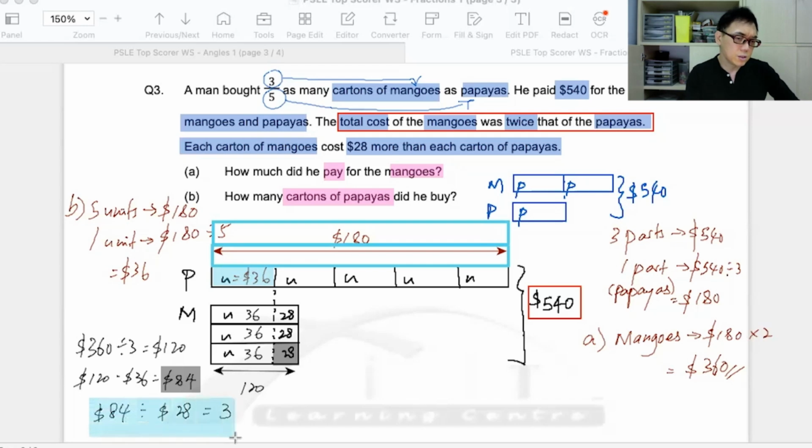What does this mean? Just now when you took 84 divided by 28, we found that it is 3. Actually, so maybe I put it another way. Actually, this model represents 3 cartons. 1 unit plus this empty space here is actually made up of 3 cartons of mangoes. So this question actually has got 3, 6, 9 cartons of mangoes. And likewise, I should have 5, 10, 15 cartons of papayas. That's what it actually means.